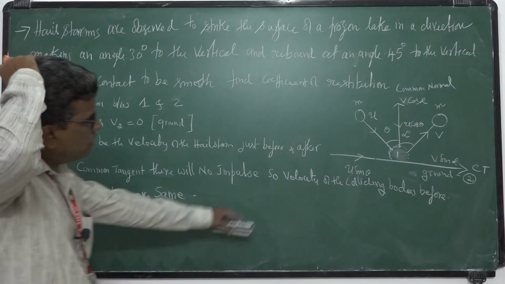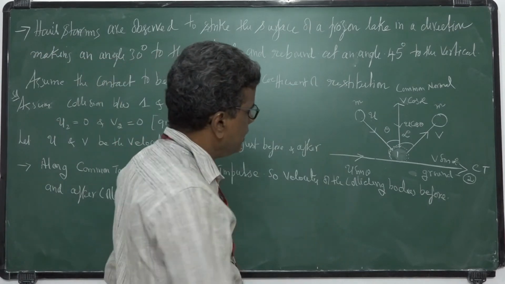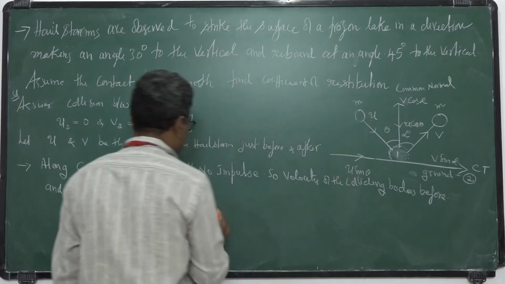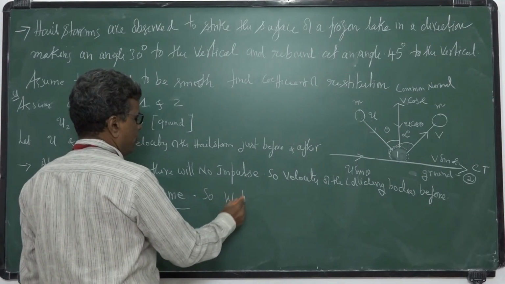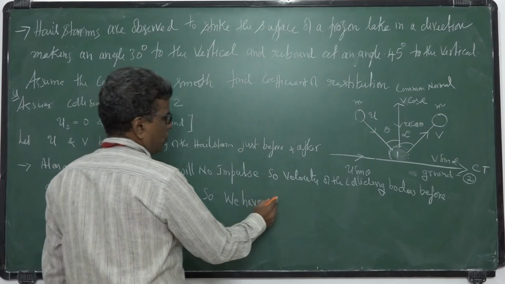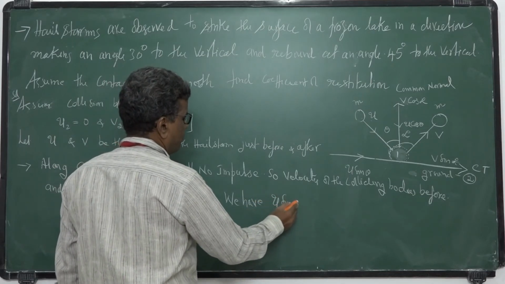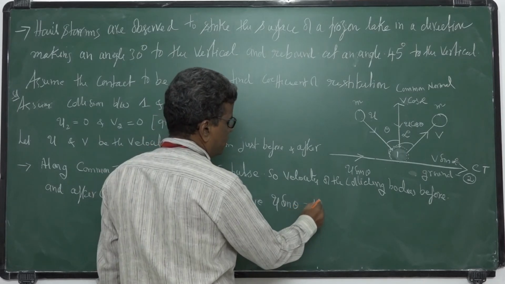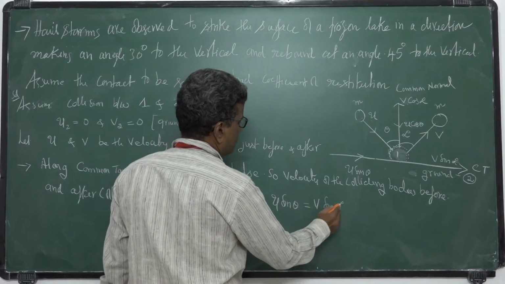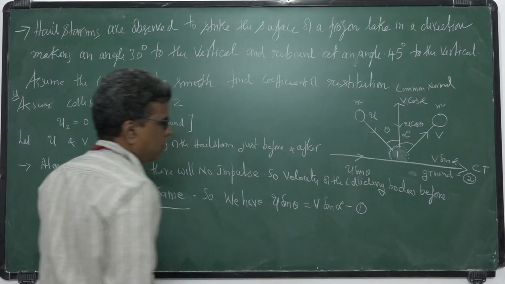The velocity of the ball before collision along CT is u sin theta, so u sin theta is equal to v sin alpha. Call this equation 1.